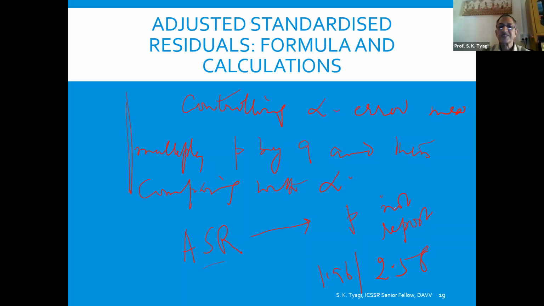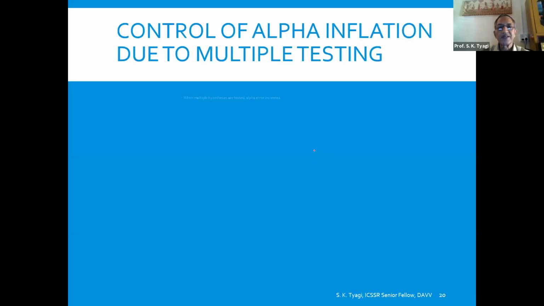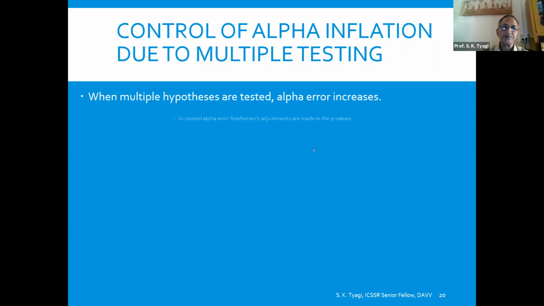The first step is to find out P and then multiply it by 9 and then compare it with alpha. So these are the steps which are taken, and although they look to be difficult, they are not that difficult. So let us see, what do we do? When multiple hypotheses are tested, alpha error increases.